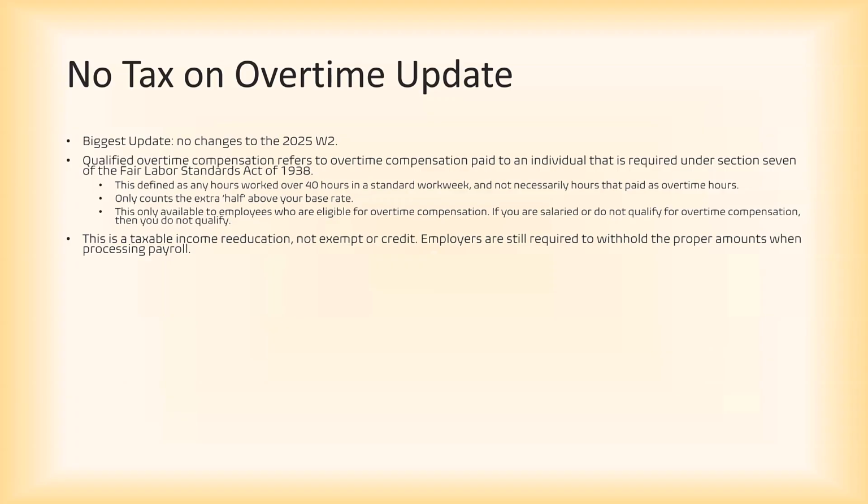So the IRS has said just keep withholding it, and then they'll get it as an income reduction when they file their taxes. You also must be single or married filing jointly to claim this deduction. They do specify that if you are head of household or married filing separately, then you do not qualify for this deduction.